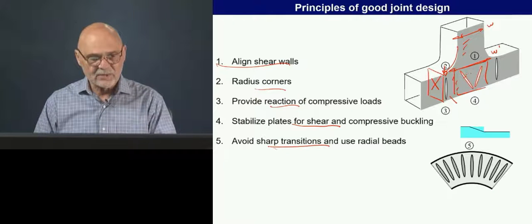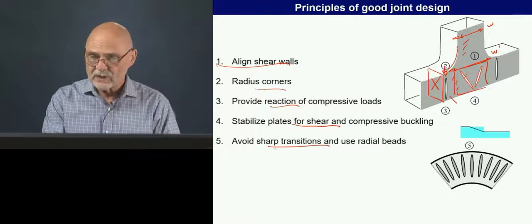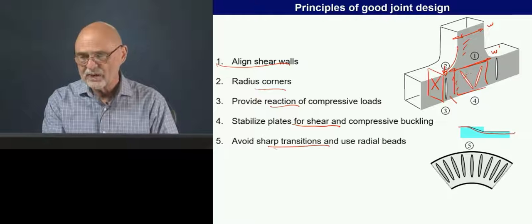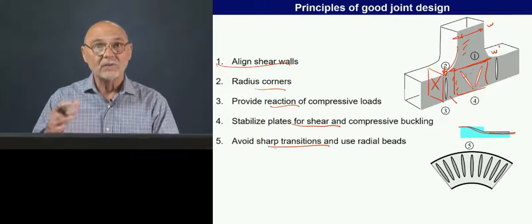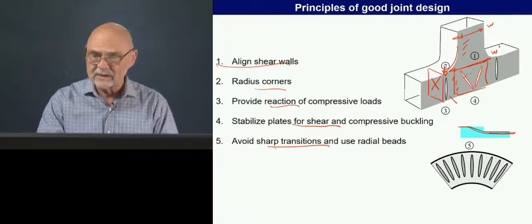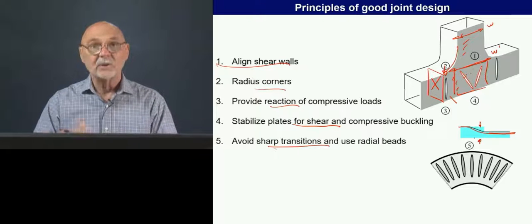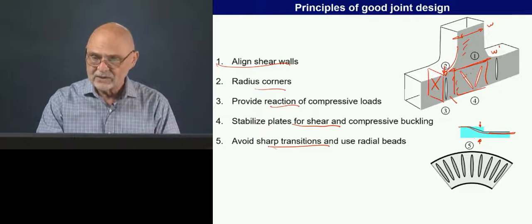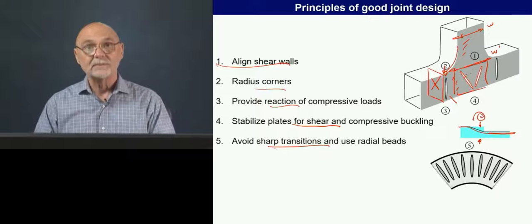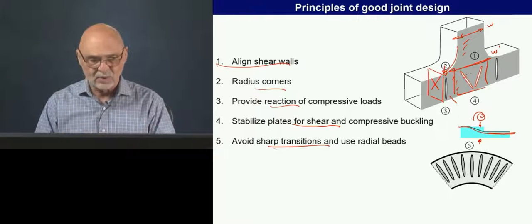Avoid sharp transitions. So that was the idea of having smooth transitions. Even though the size of the section might be a little reduced, what we're doing is avoiding the addition of an effective joint in that transition. So that's why that's important.